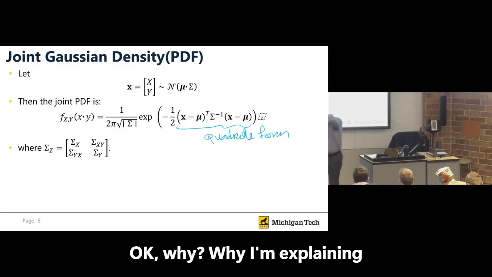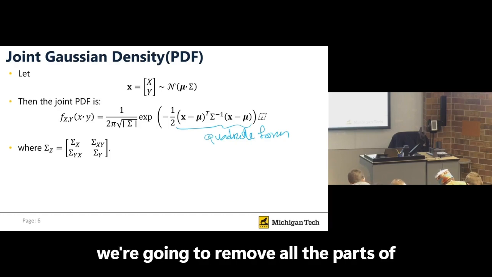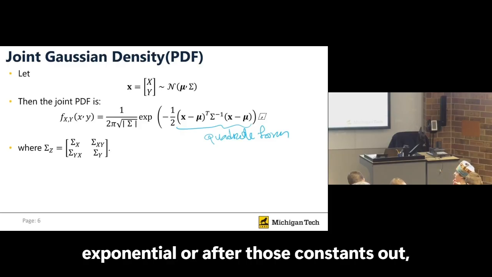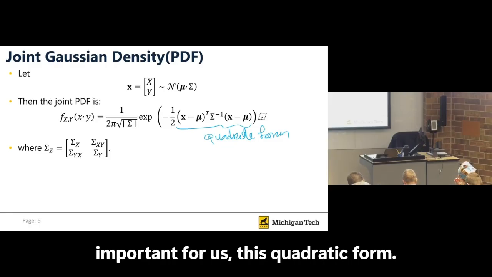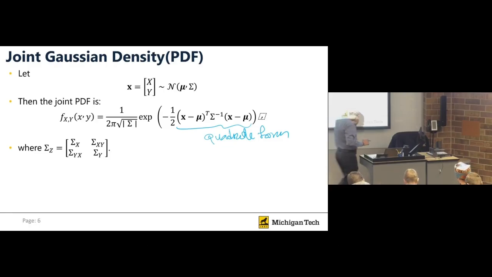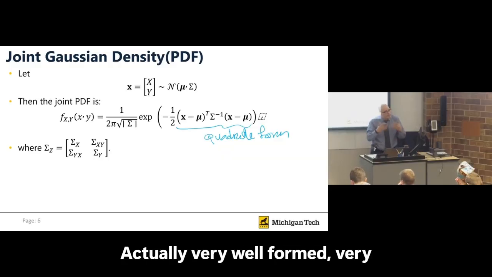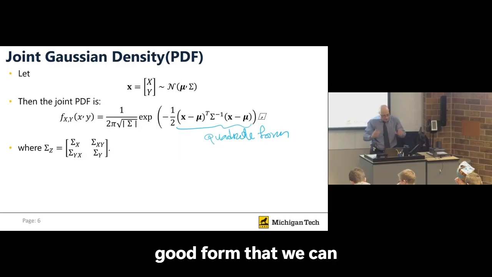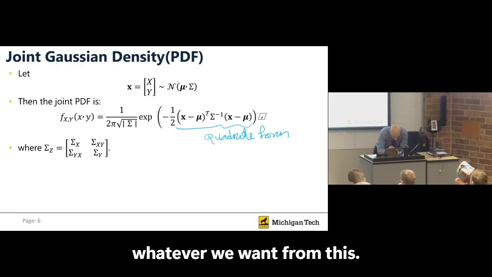Okay, why am I explaining this so much? The reason is we're going to remove all the parts of the exponential, all of those constants. We don't need them. The only part that is important for us is this quadratic form, that is actually a very well formed, very good form, that we can simplify and take out whatever we want from this.